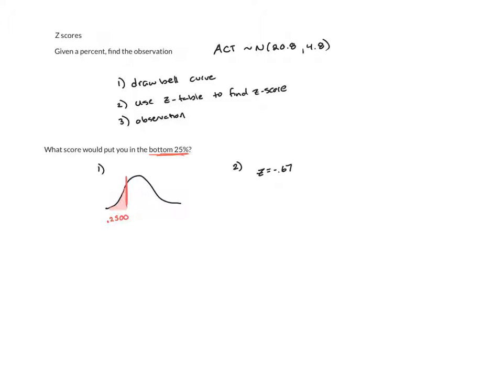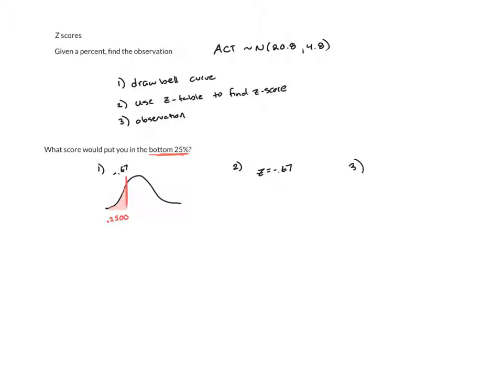So what I found in that last step then was that z is equal to negative 0.67. That is, if I'm 0.67 standard deviations below the center, then that lower tail will be 0.25 or 25%. Now I have my z-score. The third step I need to do is find my observation.